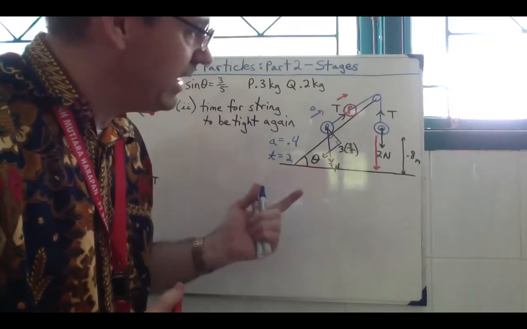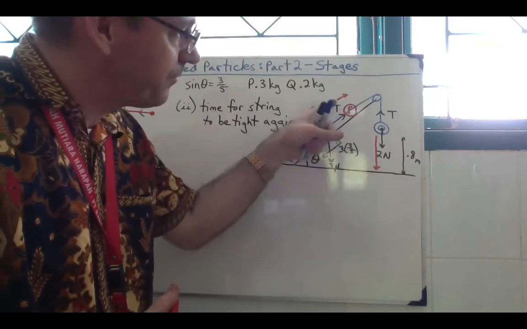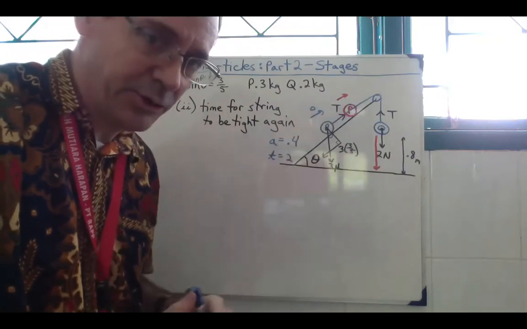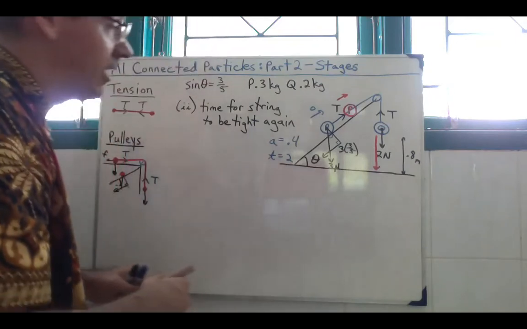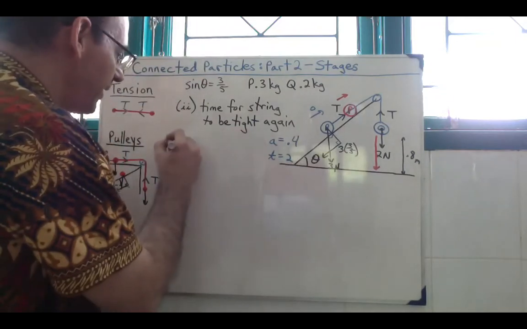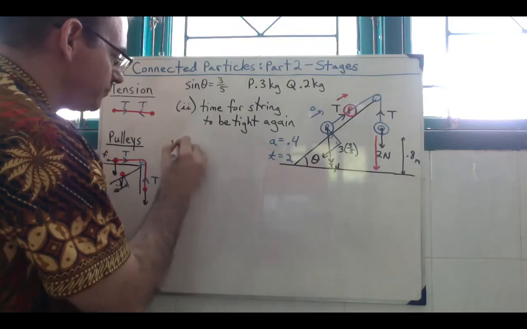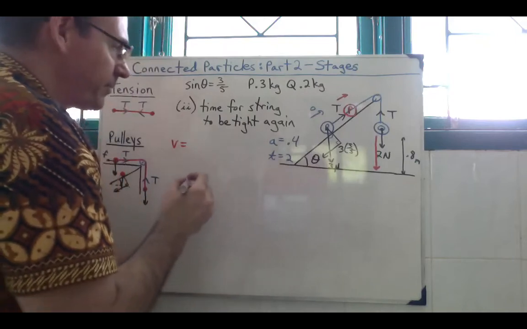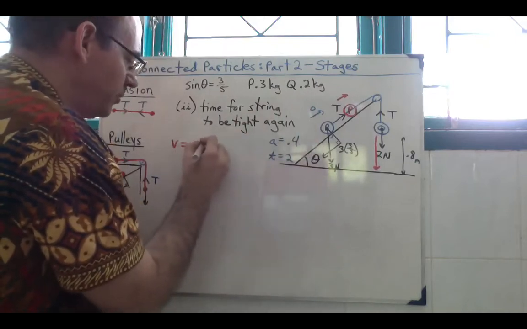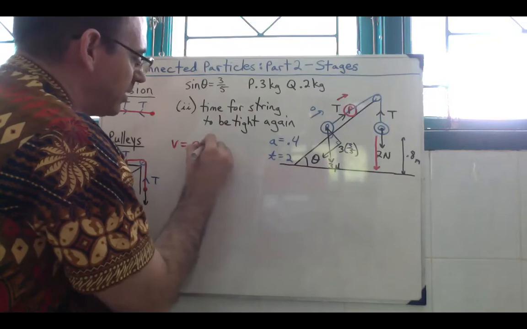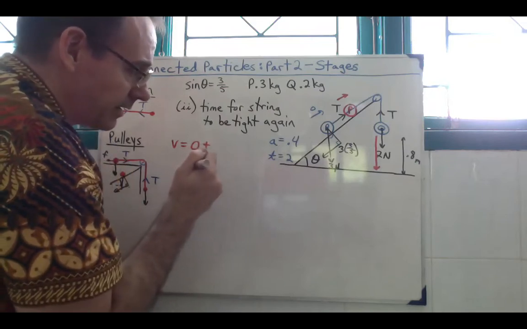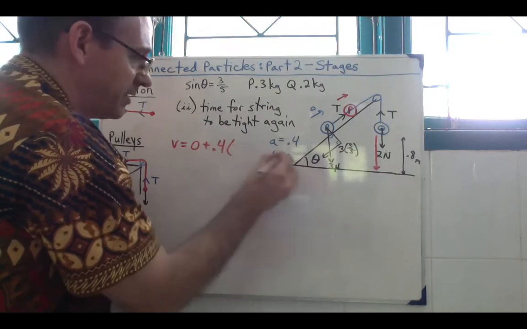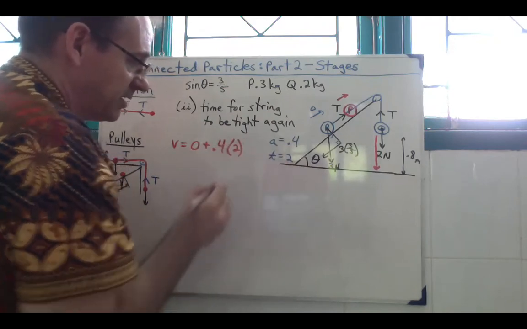So what we need to find is the velocity of P at the point Q hits the ground. So our starting velocity, we want to find final velocity. Final velocity for this segment right here. Our initial velocity is 0. So final equals our acceleration, which is 0.4, times time, which is 2 seconds.